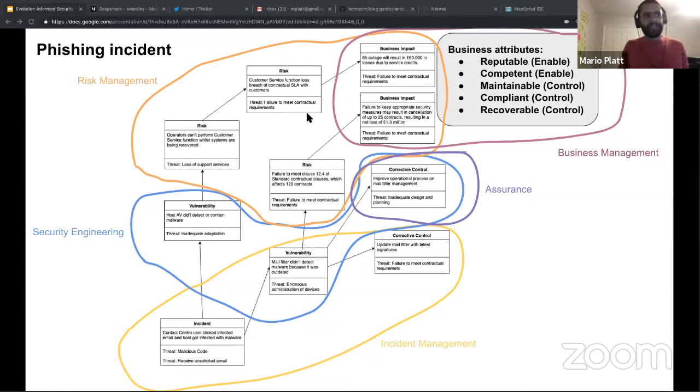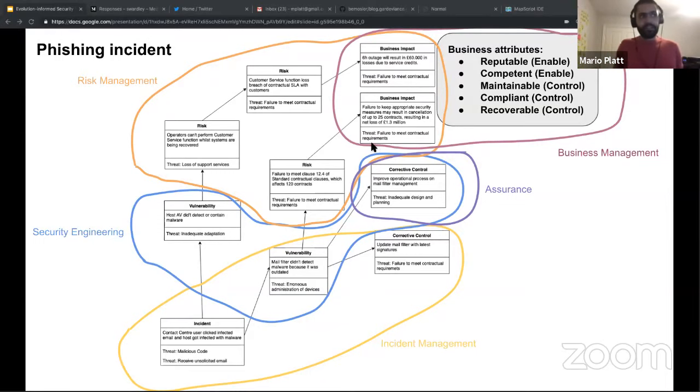And then that led you to a few business impacts. The direct business impact of having to give service credits to your customers. You've lost 6 hours, and the outage resulted in £60,000 worth of service credits that you're going to have to pay your customers or not earn.